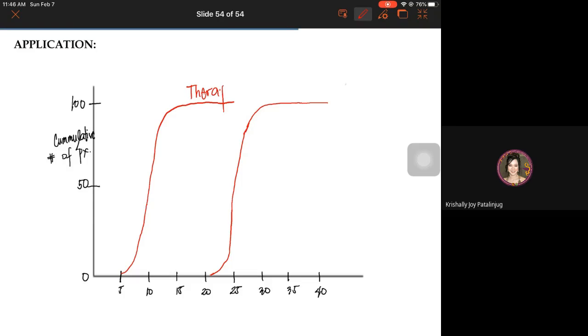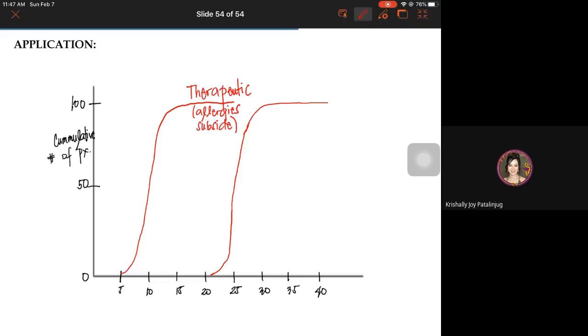Example, yung drug na 'to would be an anti-allergic drug. At this plotted curve, nag-subside na ang allergies. Example ha, isa 'tong anti-allergy na drug ang ating determine here. Test siya for a group of cumulative number of patients.